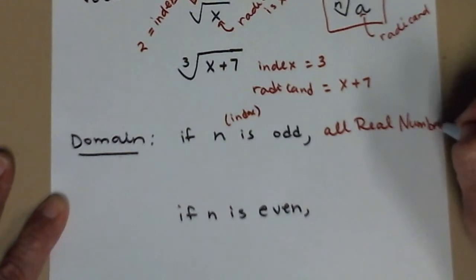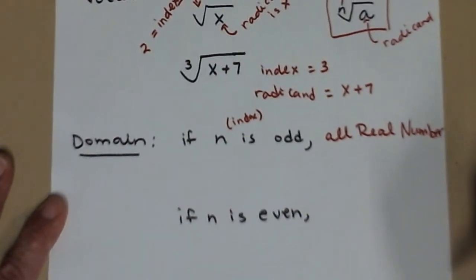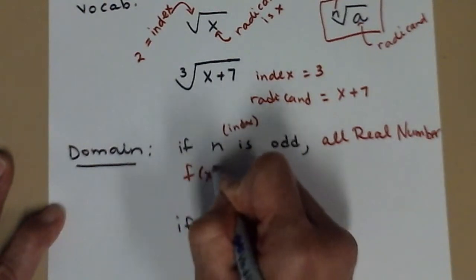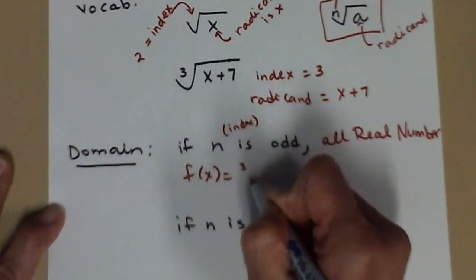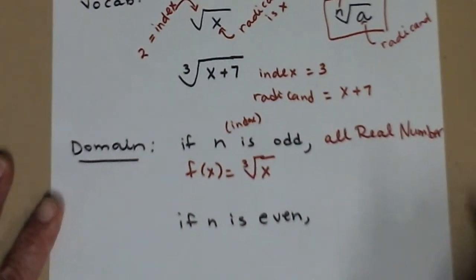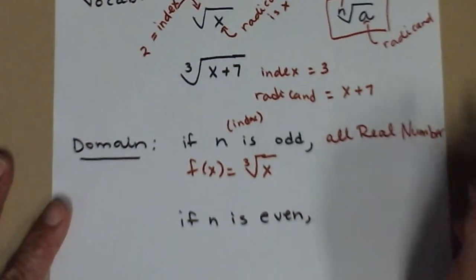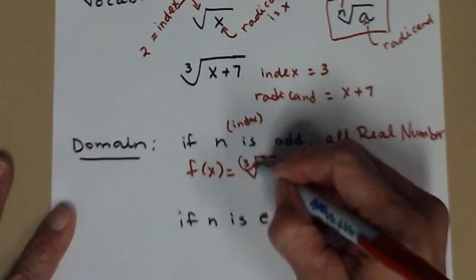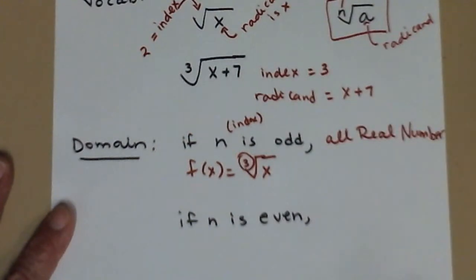We can take an odd root of any number. For a function, that might look like f of x equals the cubed root of x. We can evaluate this for any value of x at all. Positive, negative, fraction, doesn't matter. All real numbers, as long as my index is an odd number.